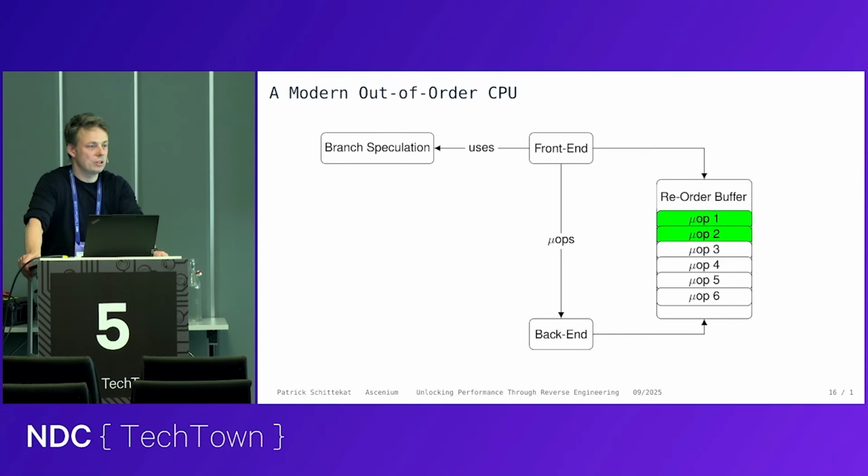So you know it was on the correct path and that it should have executed. And then you can retire it. That means that the CPU doesn't need to think about it anymore. It's gone from the reorder buffer. Other instructions can be part of it.